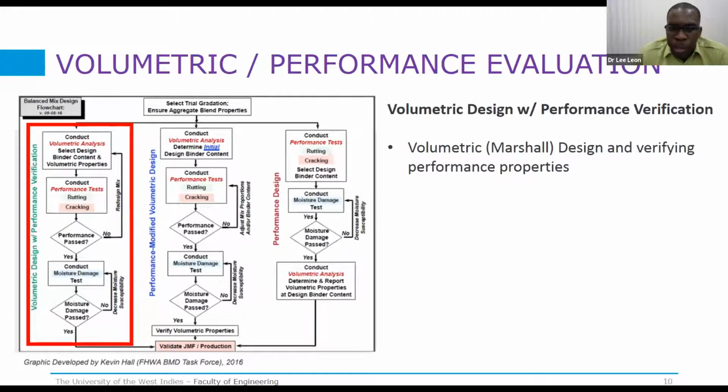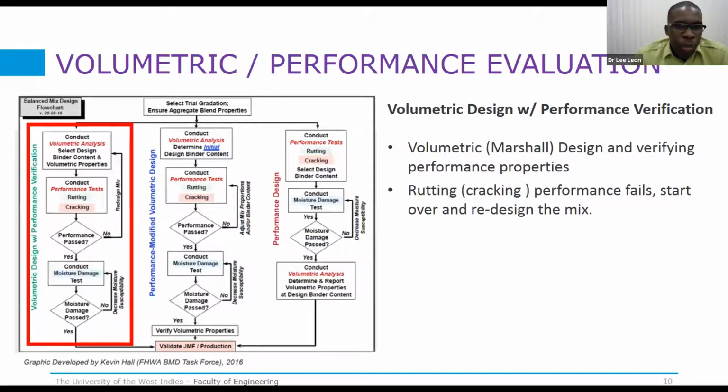test or performance properties. So after you have done your volumetric design and you have passed all the requirements, you move on to doing a rutting performance test, or if we select a cracking test, any of the tests. However, if it fails, you go back to the volumetric design and you redesign the mix. Now, with this volumetric design, we should have some flexibility or some relaxation of some of the criteria.